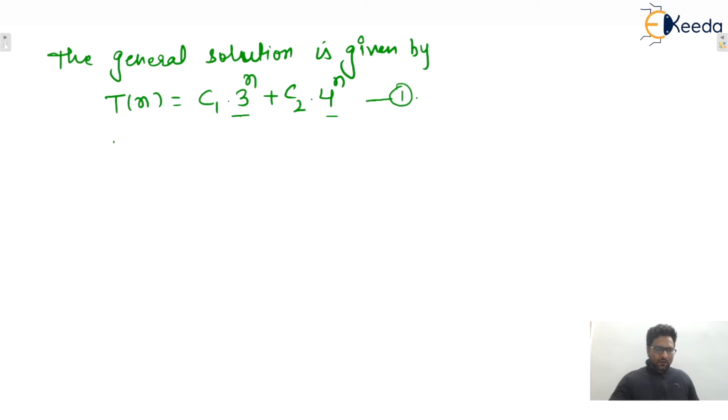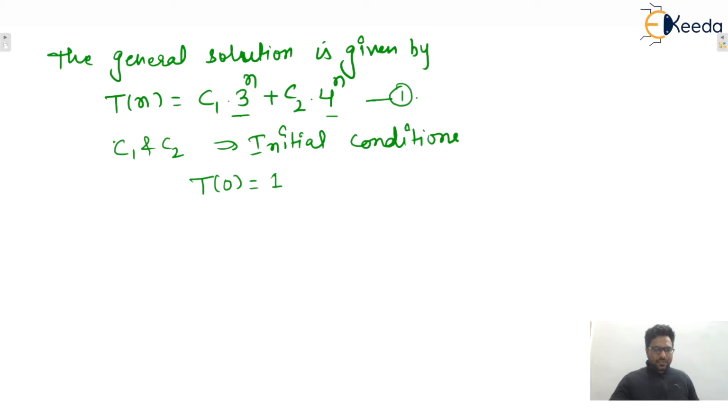Now find out the values of C1 and C2 with the help of initial conditions. So initial conditions are given to you. What are the initial conditions? Here t of 0 is equal to 1, that is given to you, as well as t of 2 is equal to 2, that is also given to you. So put this in equation 1.